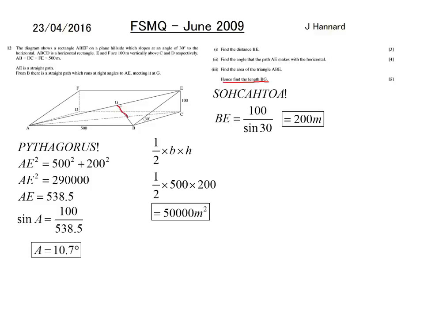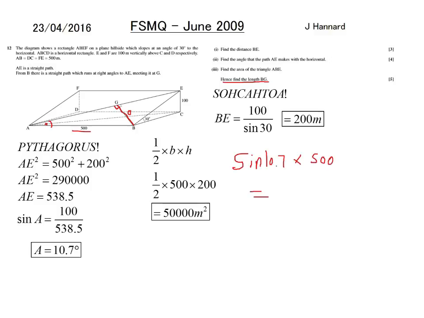Now, the way I did it, and the way I suspect most people did it, is because we know the angle there. We just did it through Pythagoras. We've got the adjacent here. Is it an adjacent? No, sorry, it's the hypotenuse. Got a right angle there. So that's a hypotenuse. We want the opposite. So it's simply going to be sin 10.7 times 500.